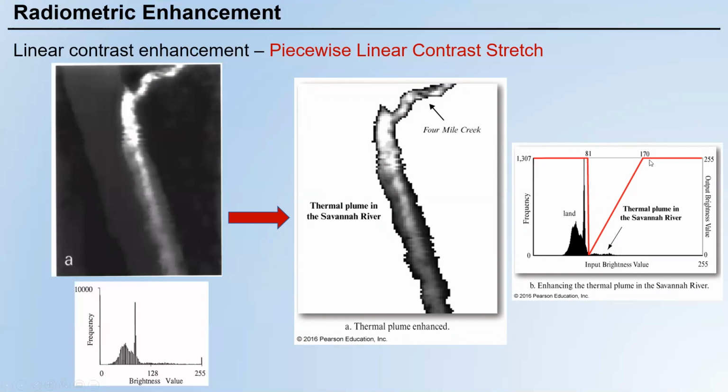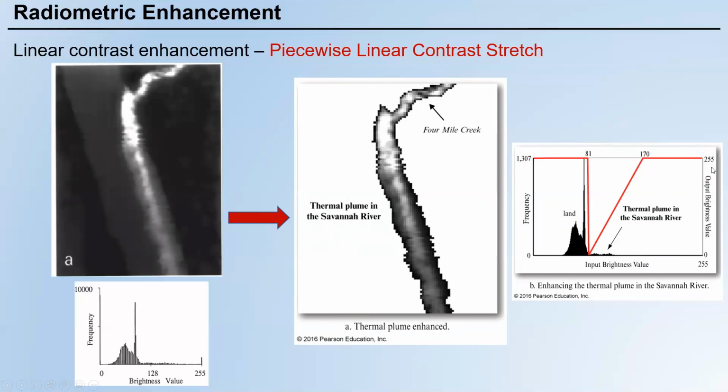And any pixel with, oh, sorry, here. Any pixel with a value larger than 170 is given a value of 255. So this is the output brightness value.